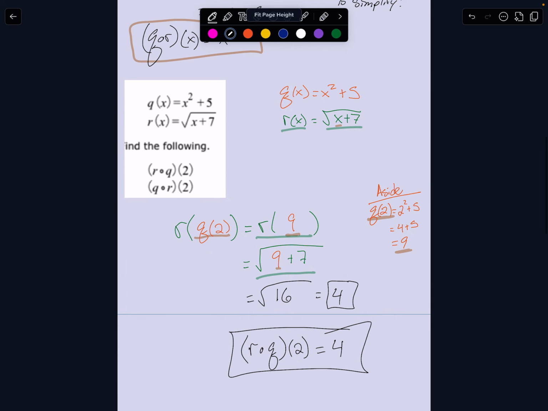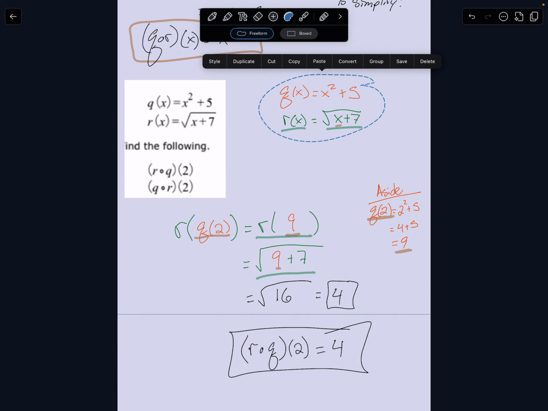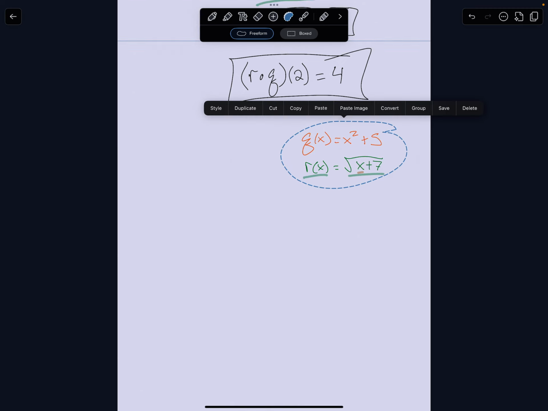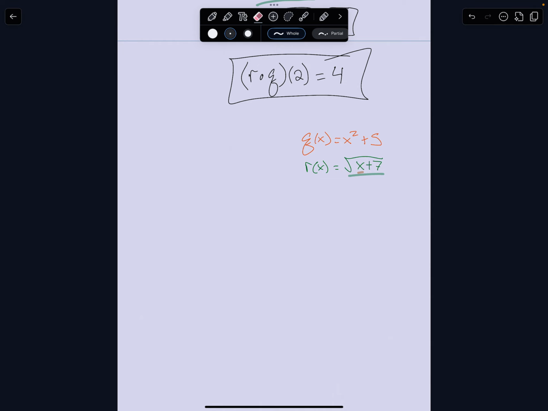All right, if we do it the other way around, we found r of q, now we want q of r. So I really want you to pay attention. It really matters what order we're doing stuff in, right? So now we're doing q of r of 2.